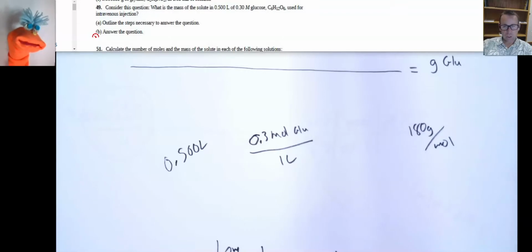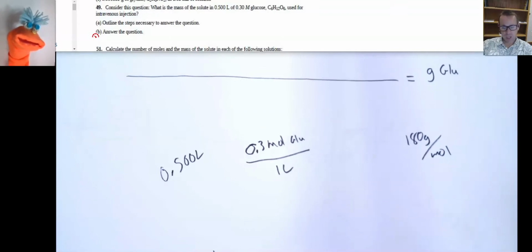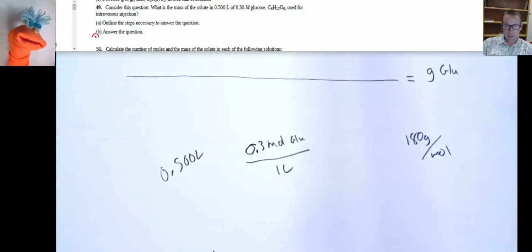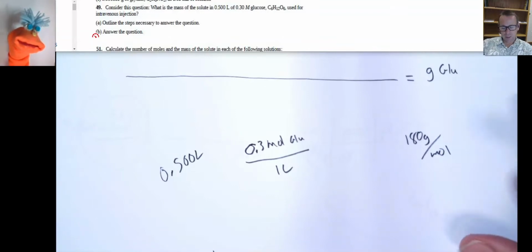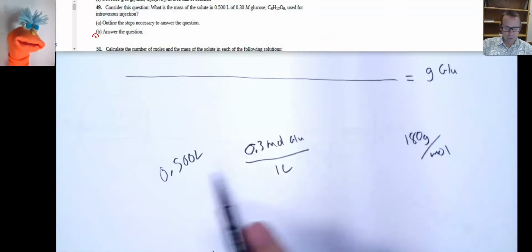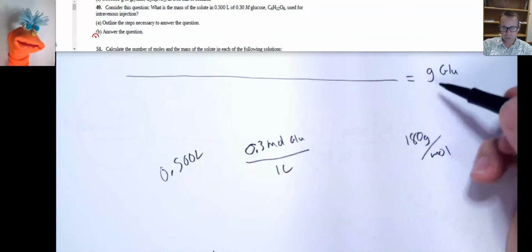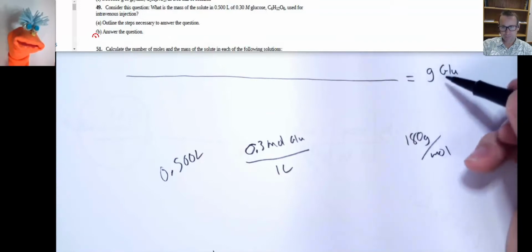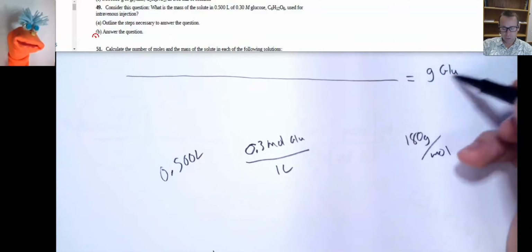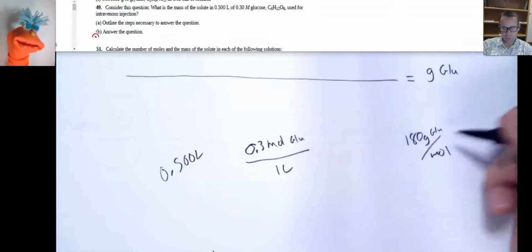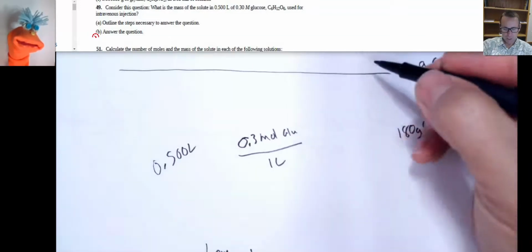Okay? So after you practice sometimes, it's easy to kind of see what needs to happen. But if you are starting off, it's not easy. That's all right. You just start with something. You can make mistakes and then you gradually understand. Another thing you could do is work from this side over here. If I know I want grams of glucose at the end, and there's 180 grams of glucose for every mole of glucose, I can put that up here.